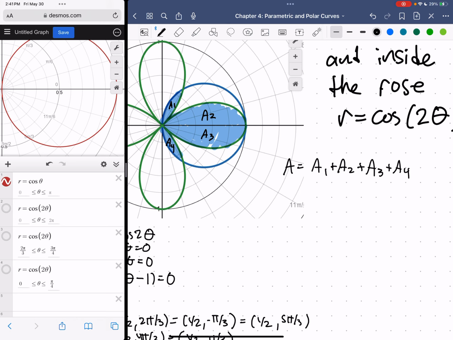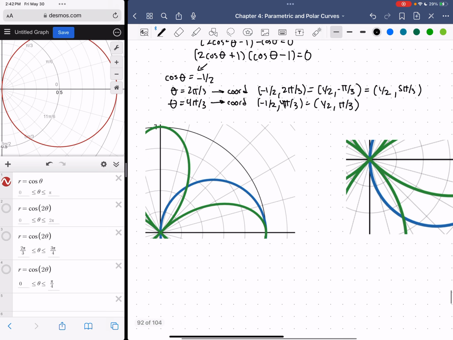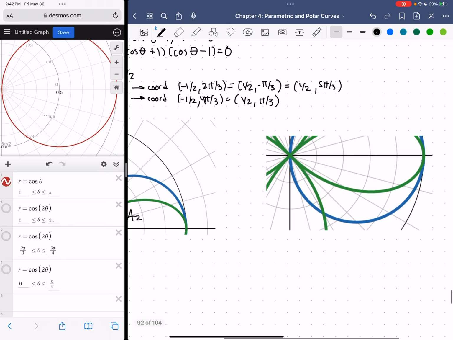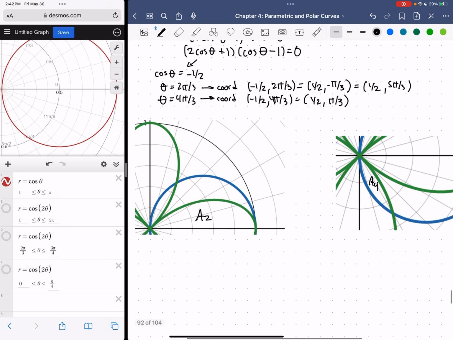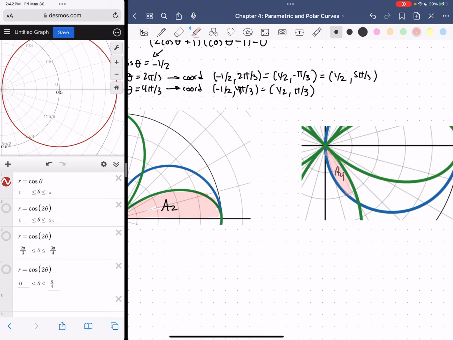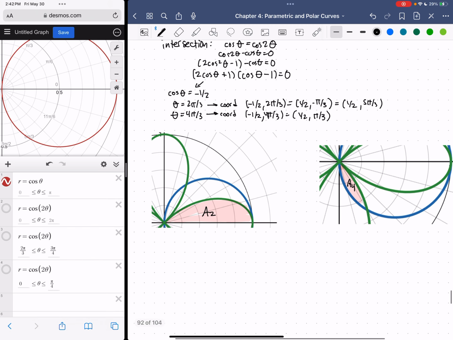But A1 is equal to A4 and A2 is equal to A3, so we can just say that it's 2A2 plus 2A4. So those are the ones that we'll be calculating, A2 and A4. Now A2, that's one that's not too bad. A4 is a little trickier, but I'll go through it. Or, oh, we might even break it up further.